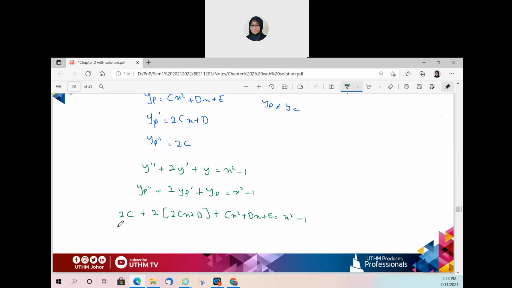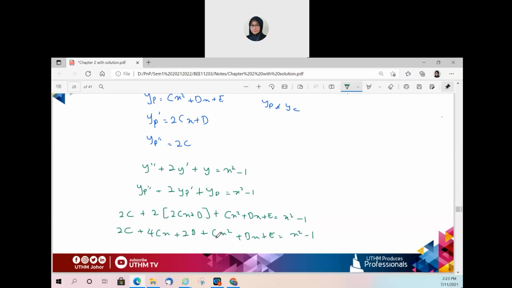Okay, so 2c plus, you kembangkan this one, so it will be 4cx plus 2d plus cx square plus dx plus e equals to x square minus 1.